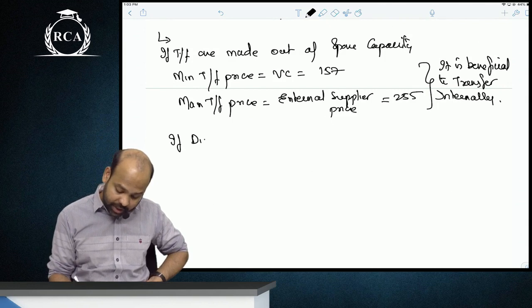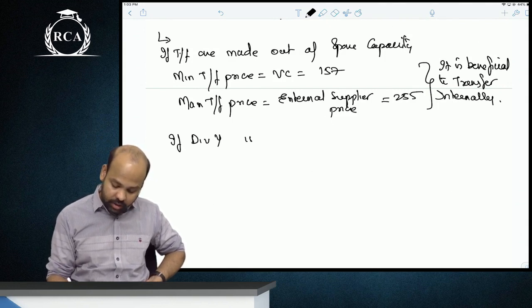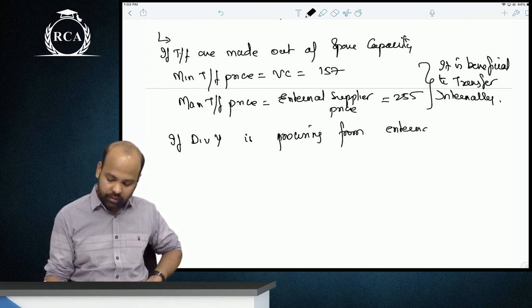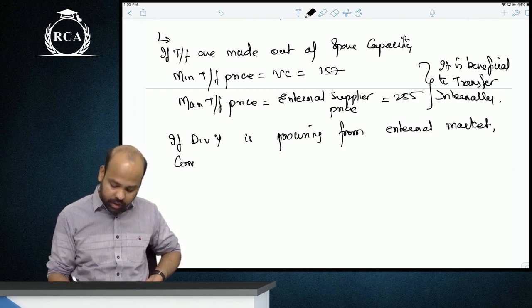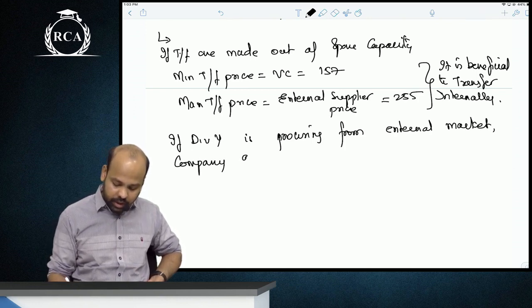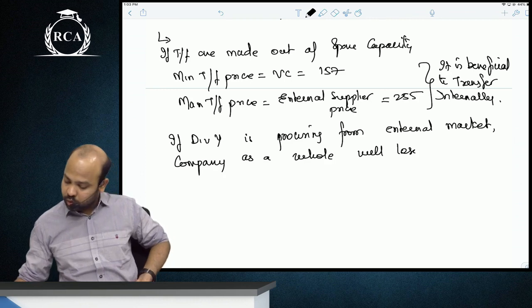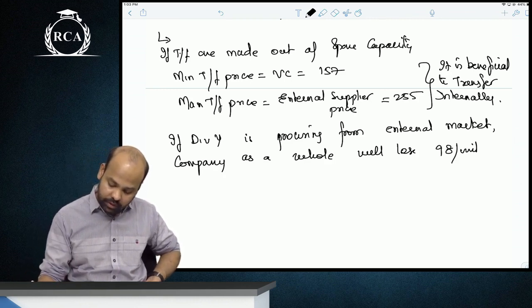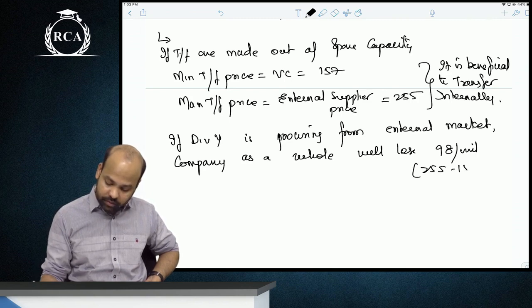If division Y is procuring from external market, beta, the company as a whole will lose 255 minus 157, beta, 98 rupees per unit. 255 minus 157.